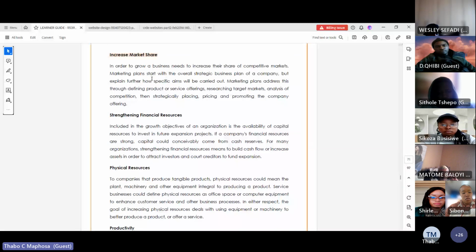And then two, strengthening financial resources. Now, what exactly are we saying here? If the company's financial resources are strong, capital could conceivably come from cash reserves.